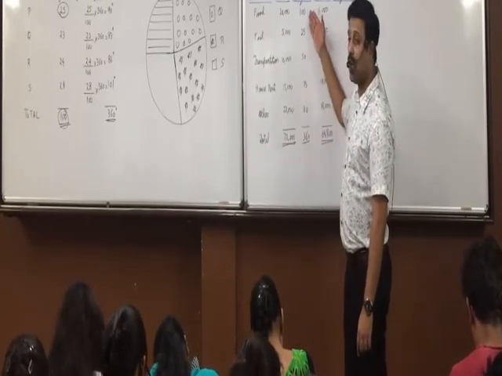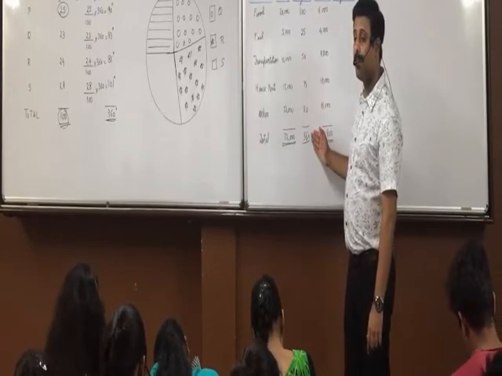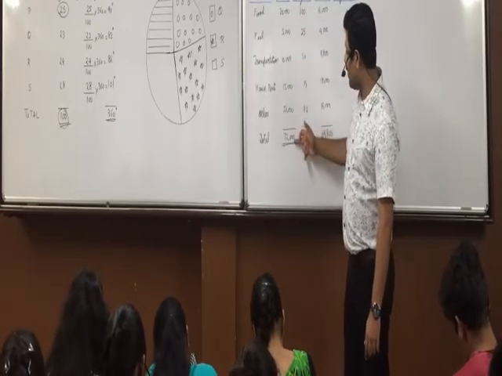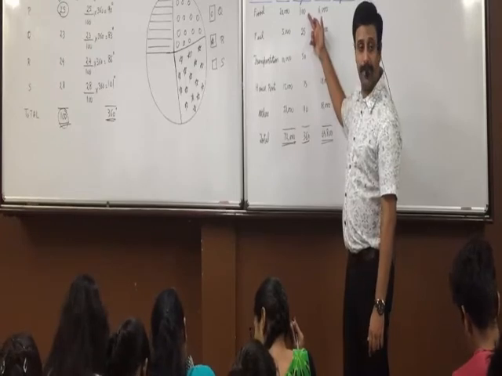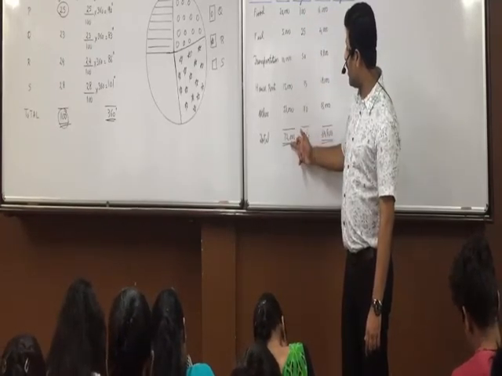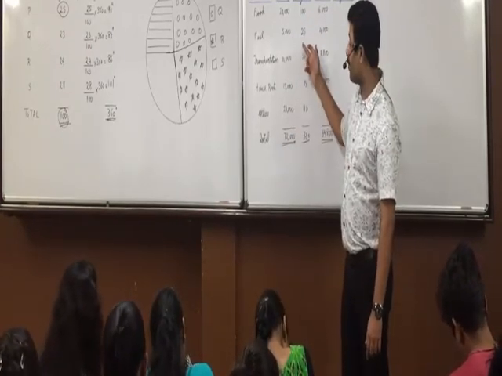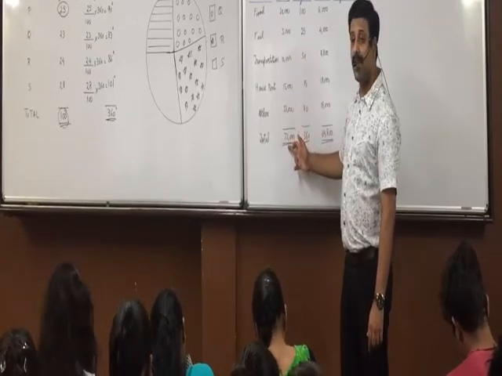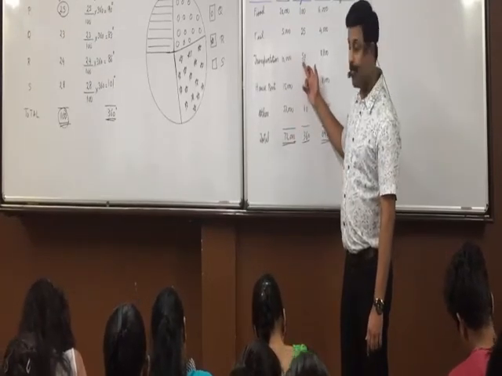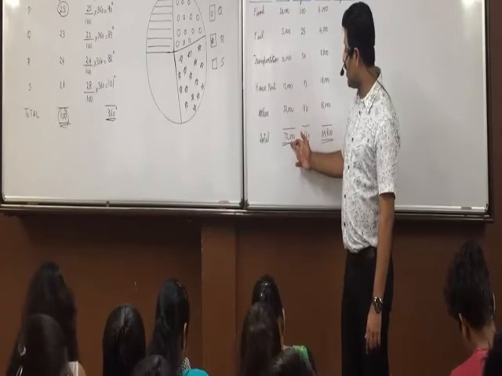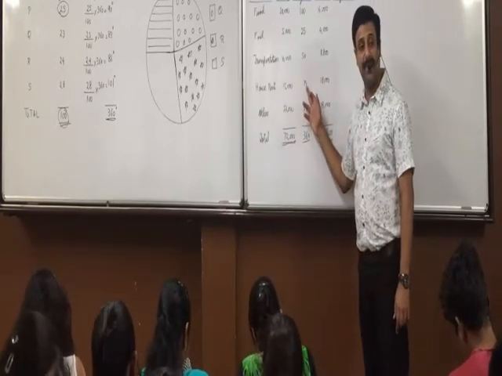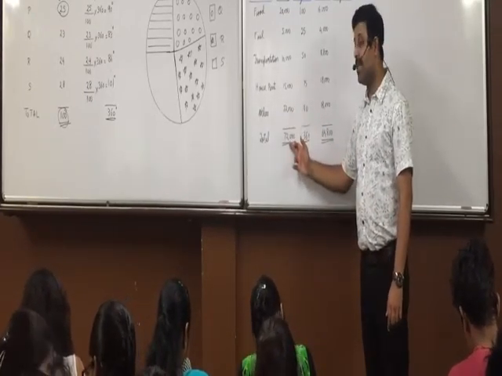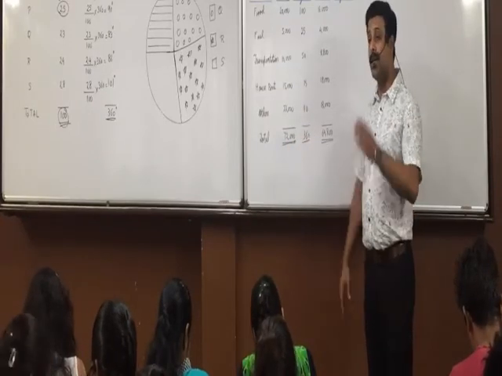Raise your hand who is still not able to obtain these angles. See, I repeat: 20,000 divided by 72,000 into 360 is 100. 5,000 divided by 72,000 into 360 is 25. 10,000 divided by 72,000 into 360 is 50. 15,000 divided by 72,000 into 360 is 75. And 22,000 divided by 72,000 into 360 is 110.